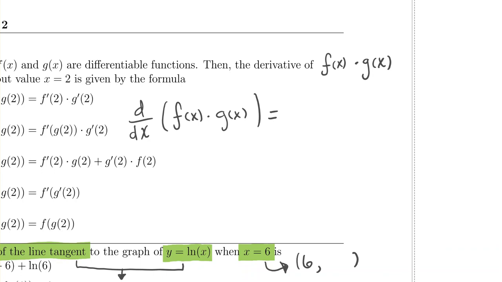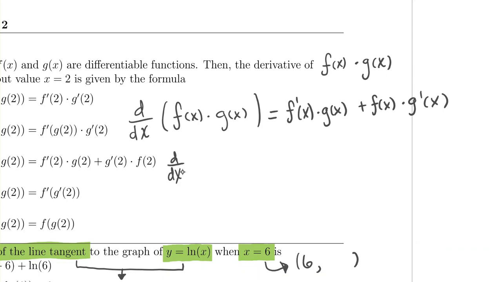So product rule is the derivative of the first times the second left alone plus the first times the derivative of the second. Okay, so this is the general form. We were interested to find the derivative of f of x and g of x at 2.